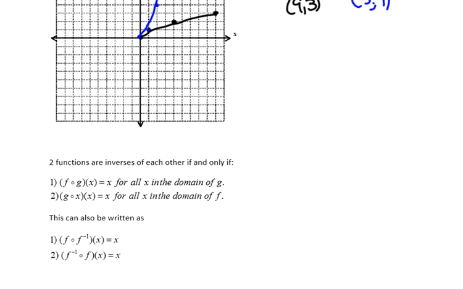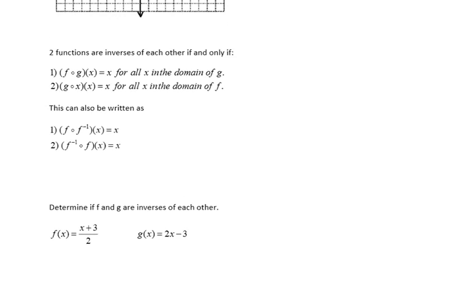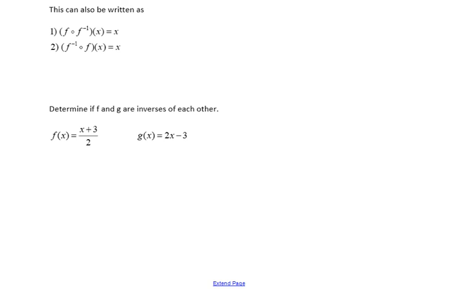Determine if f and g are inverses of each other. Again, I'm going to check to see if the composition going in both directions ends up being equal to x. Let's do the composition f of g of x.